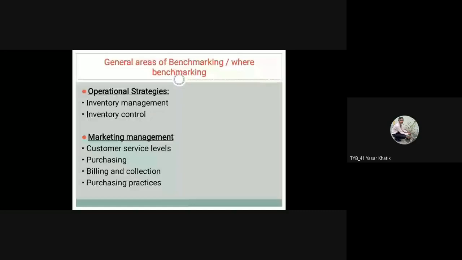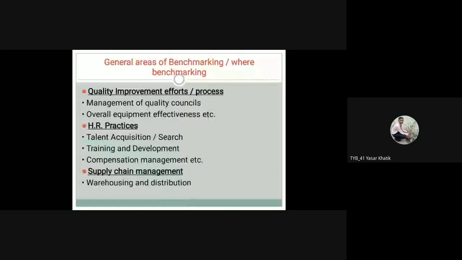Okay, so these are some general areas. Then in the quality improvement efforts processes, management of the quality council, whatever the management is doing, the planning for improving the quality of the products, in that planning they are including some algorithms. So in that algorithm there are two possibilities.